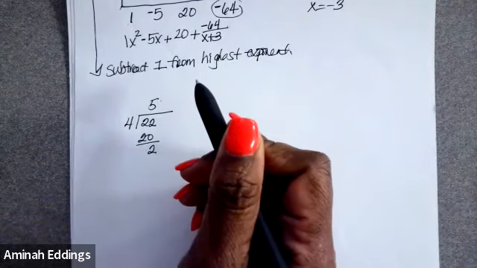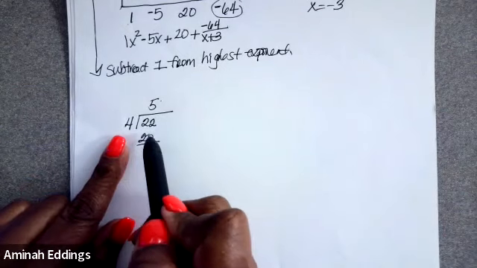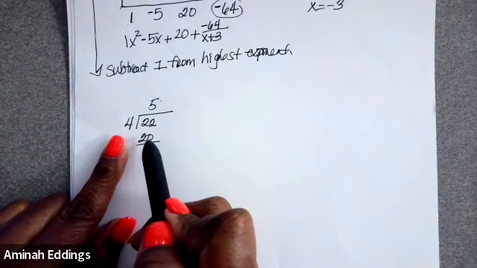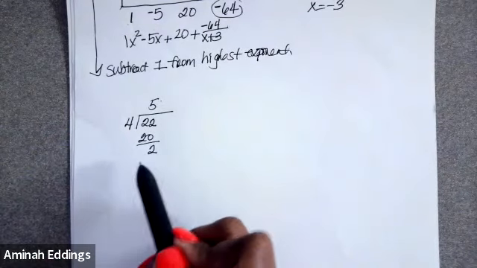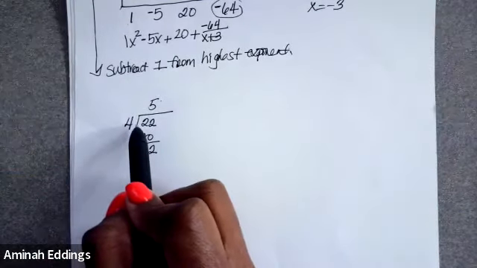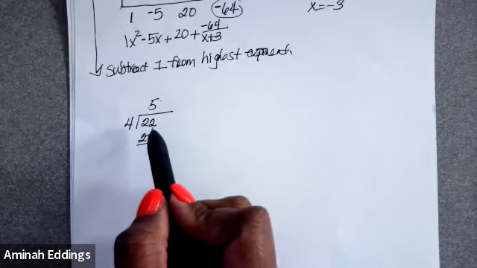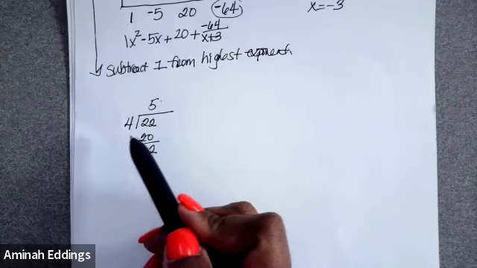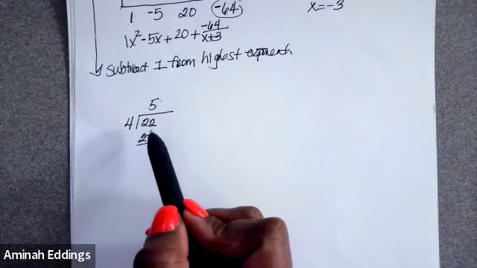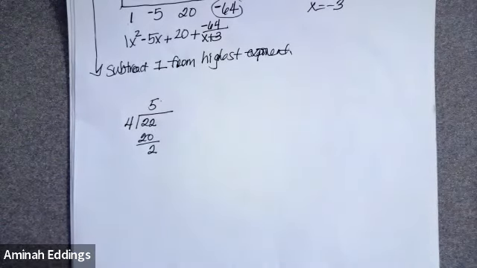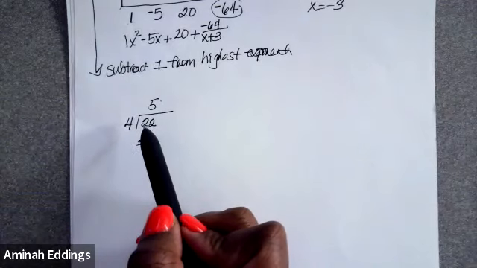So that means that because 4 does not evenly go into 22, we get a remainder of 2. This also means that 4 is not a factor of 22. Factors, if you recall, are numbers that can be divided evenly into that particular number, or numbers that we can multiply together to get this number, okay?